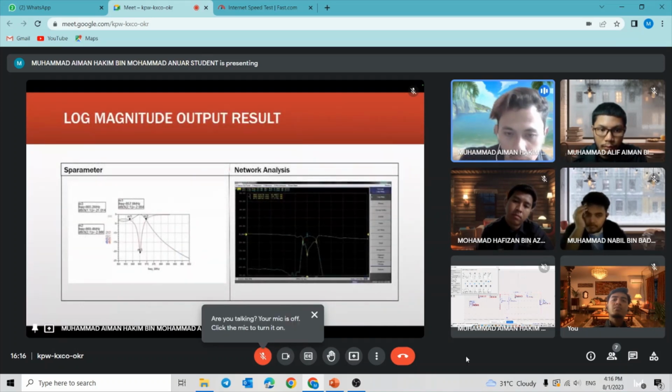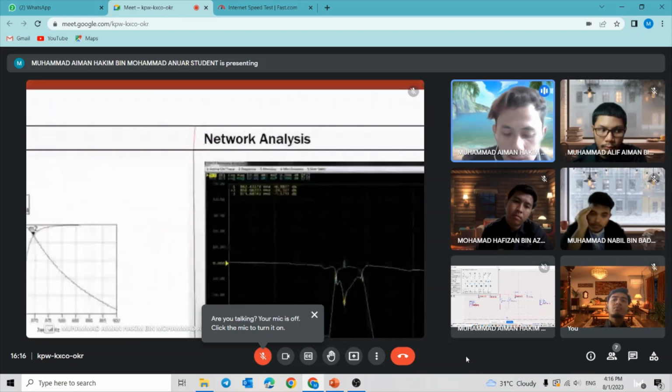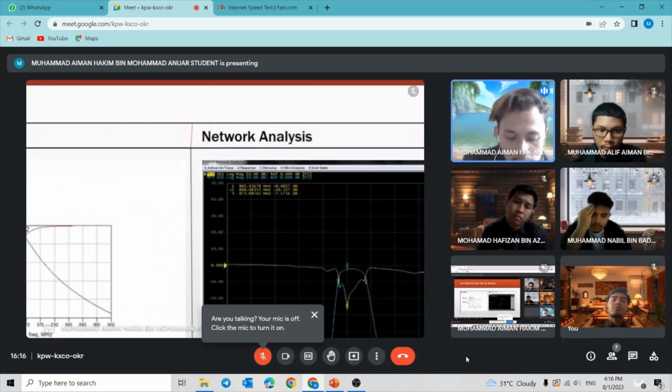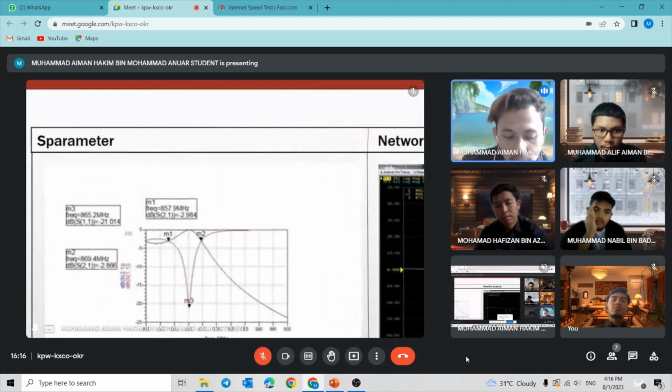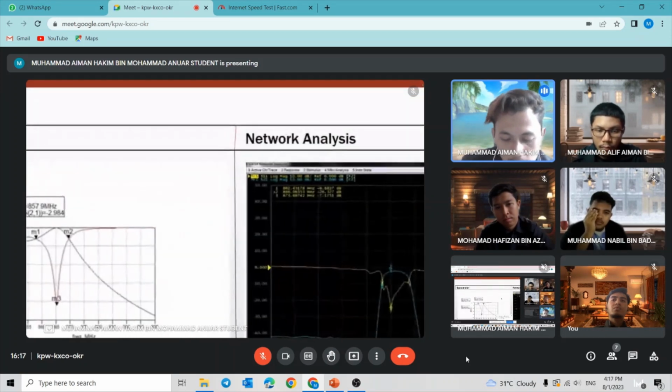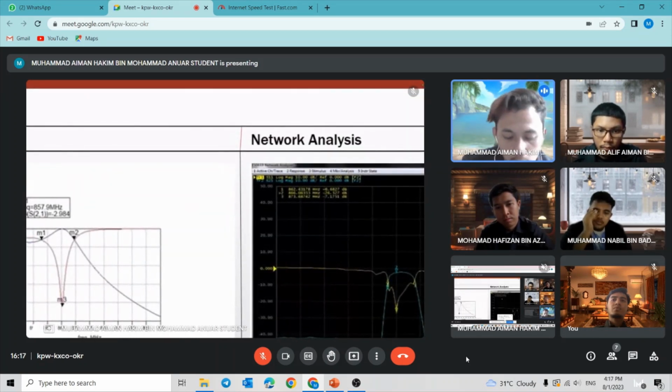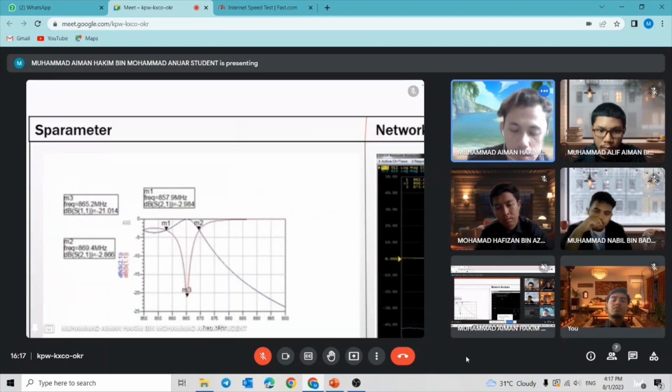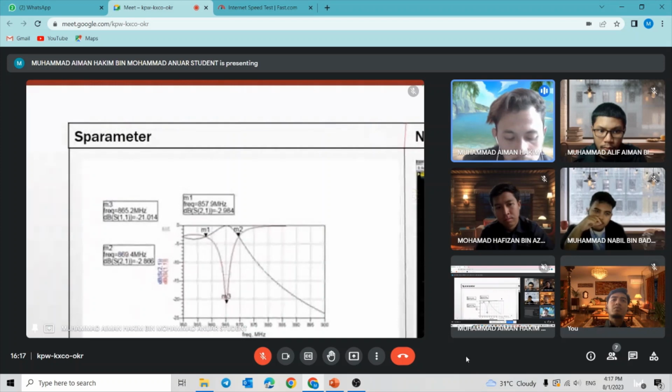For the comparison, for the upper in lab 2B we get 2.43. Then for the upper in ADS we get 857.9 megahertz. Then for the lower we get 873.68 in lab 2B, and for the lower in ADS we get 9.4.